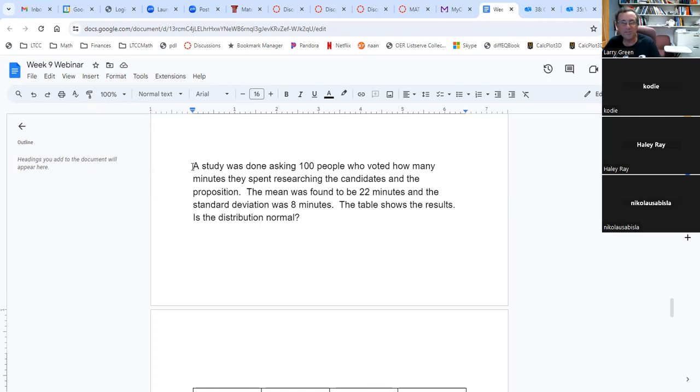The table shows the results. Is the distribution normal? Okay, this is going to be a little different. Any guess on what hypothesis test we're going to use? And a hint is it's going to be one of the three we just covered. Any guess?